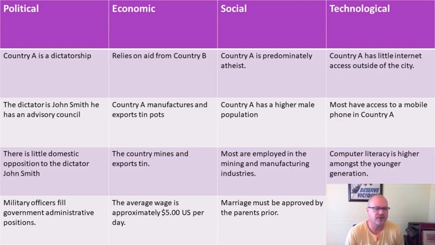In economics, I've got Country A manufactures and exports tin pots. That's something else. Country A has a high male population. Country A has little internet access outside of the city. So we start to build a picture of Country A through conducting our PEST. And again, in writing this up, we would explain why this is important to understanding our operational environment.